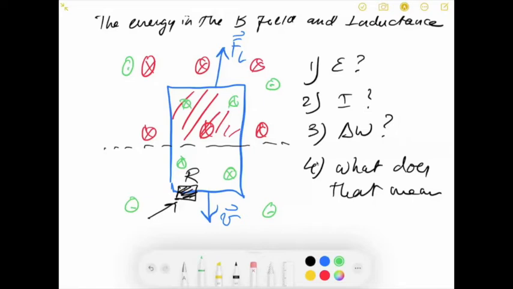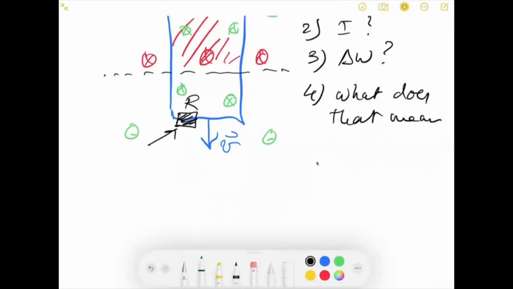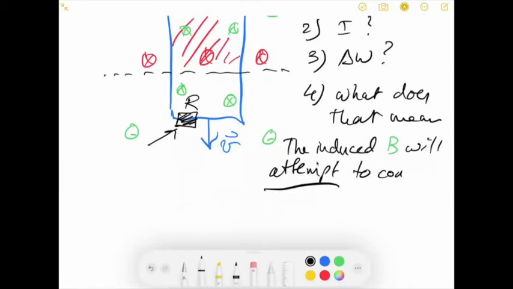There's an induced magnetic field, which means this induced magnetic field, according to the law of Lenz, which I will get to in a little bit, the induced B, will attempt to compensate for the d/dt of the flux, but that's the red flux.